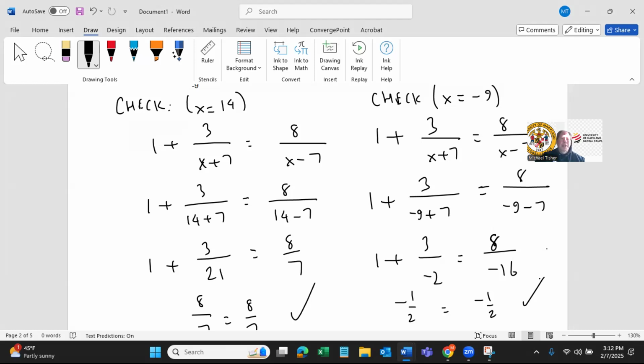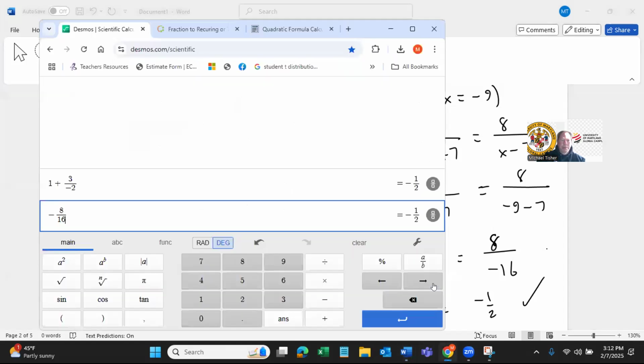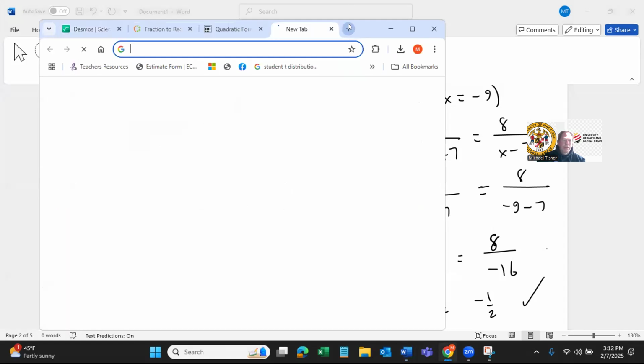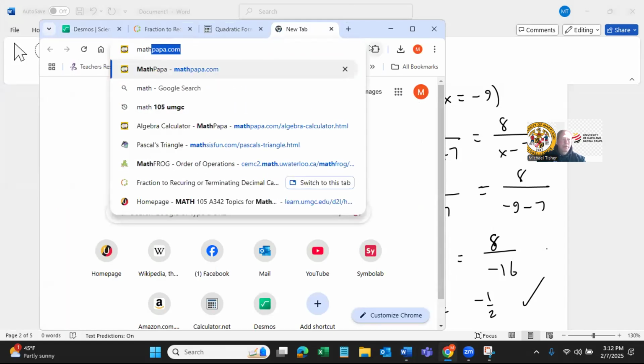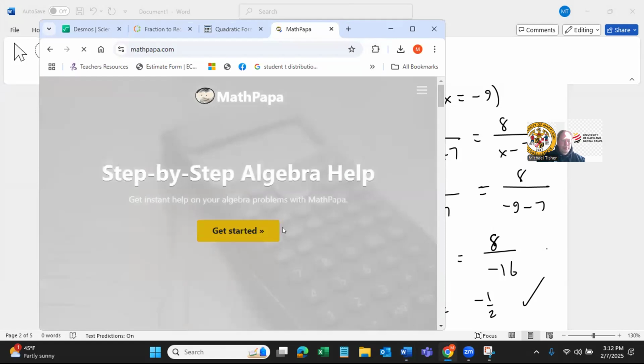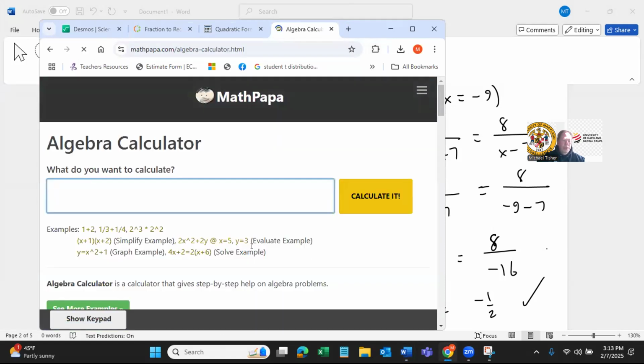But now let's go ahead and do this on another AI or calculator called mathpapa.com. Let's see what happens. All right, let's solve this same equation.